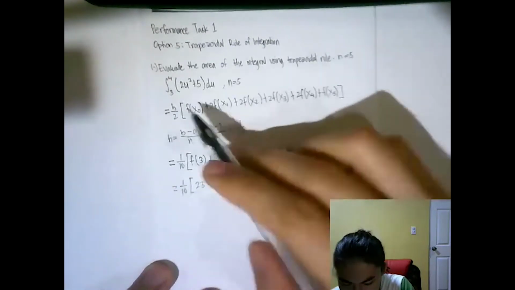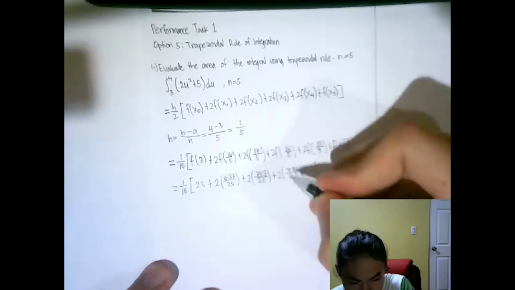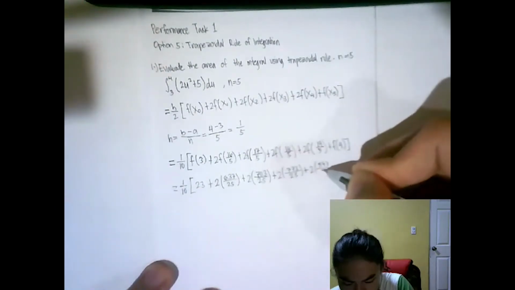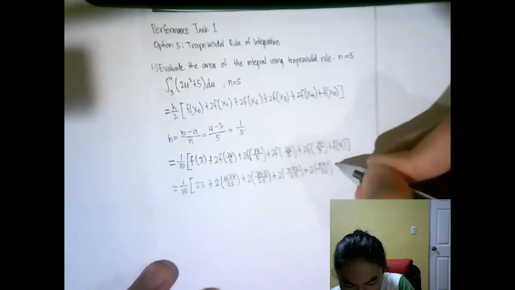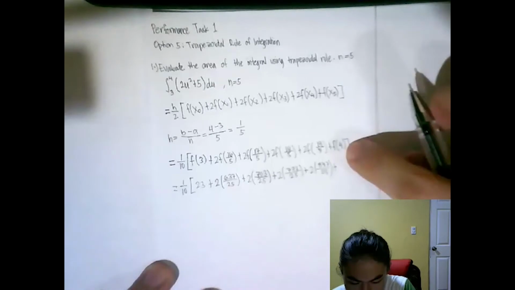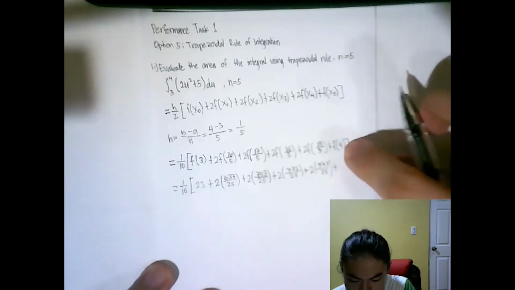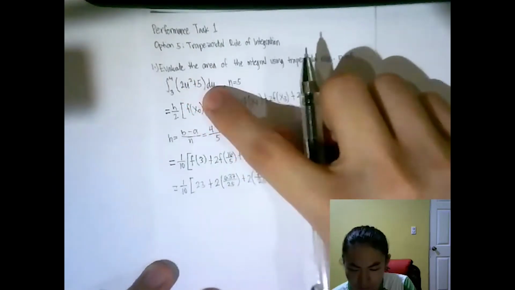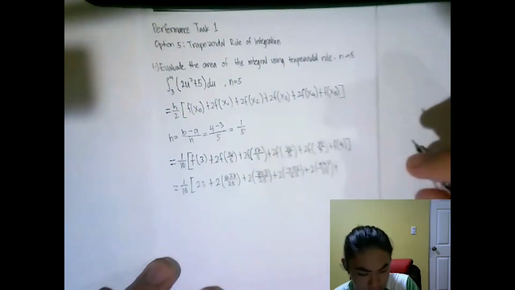For our fourth term, meron tayong 2 times 19 over 5. Substituting here, we will have a value of 847 over 25 plus yung ating last term, which is yung value natin na 4.